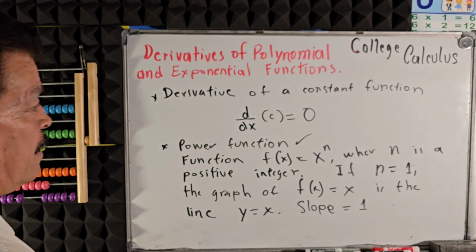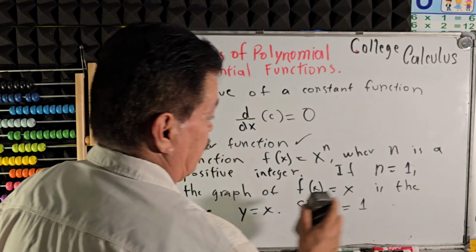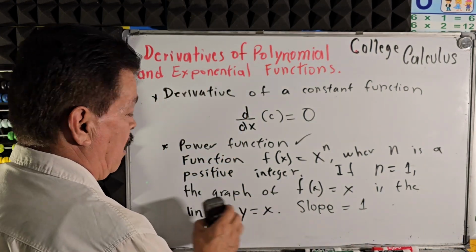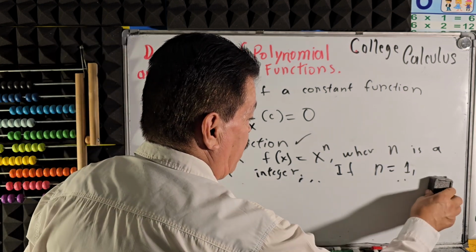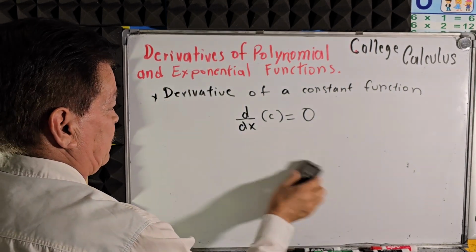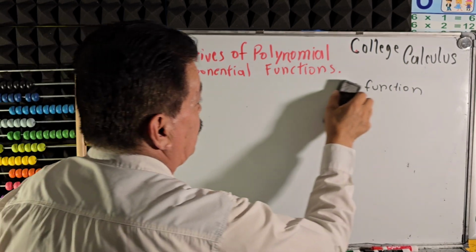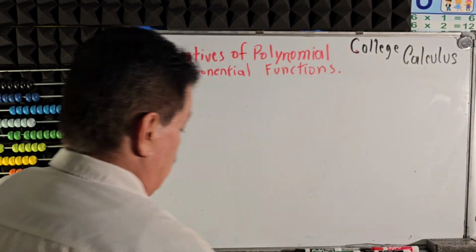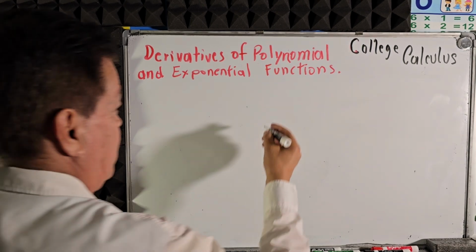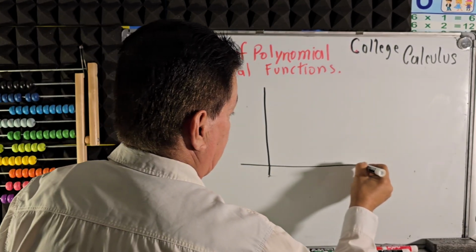So let's make the picture. This is the description in words. Now let me show you how the graph looks. If we make a picture of the graph, it will look like this.